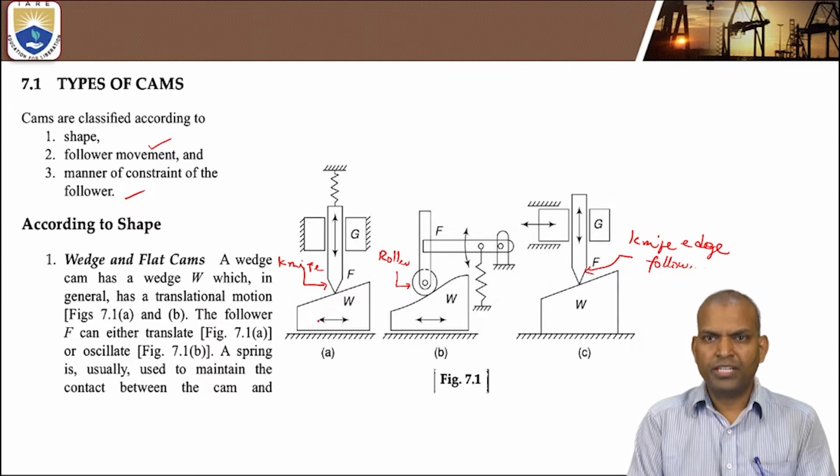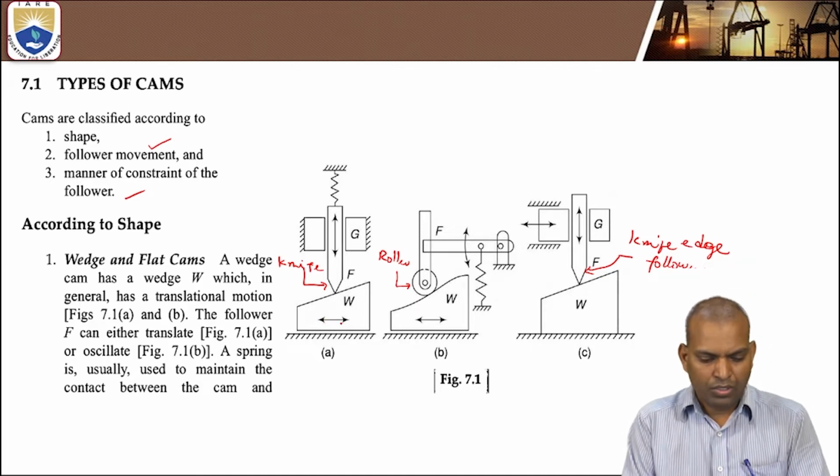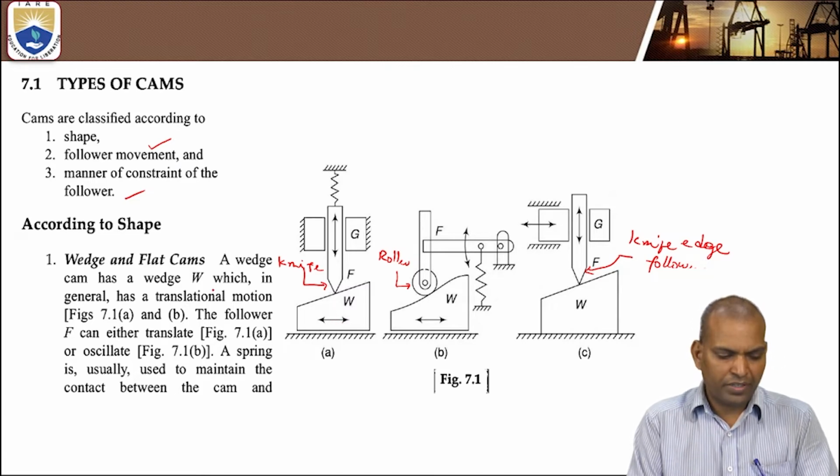The wedge is also a cam; we call it a wedge or flat cam. The wedge cam has a wedge, W, and the motion of the wedge is a translational motion.